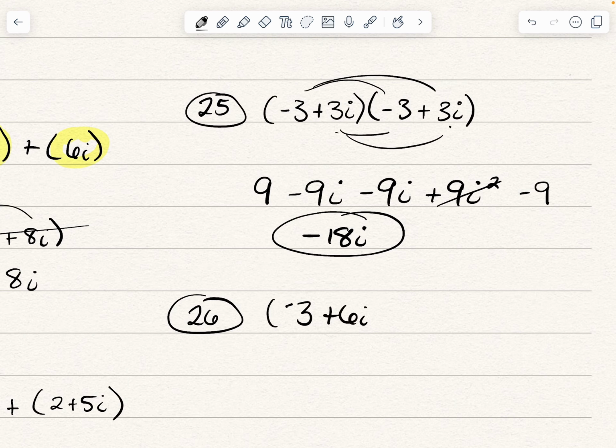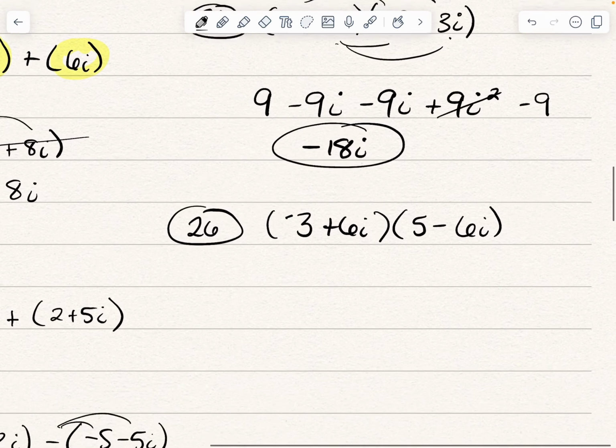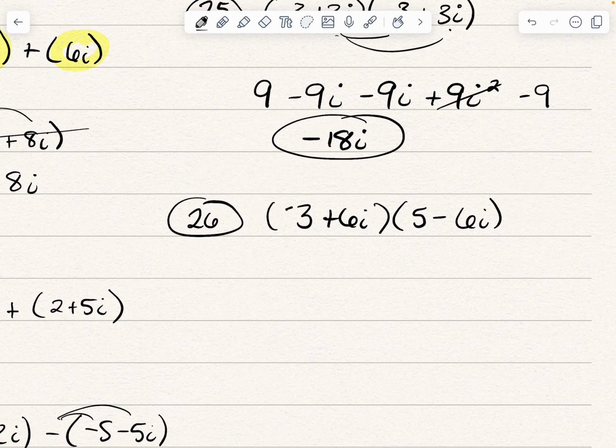Negative 3 plus 6i, 5 minus 6i. Okay, again, negative 3 times positive 5 is negative 15. Negative 3 times negative 6i is a positive 18i. 6i times 5 is a positive 30i. 6i times negative 6i is a negative 36i squared.